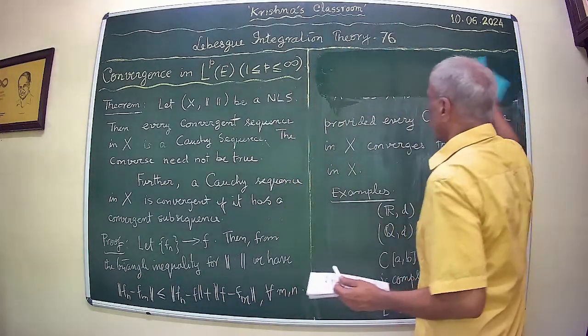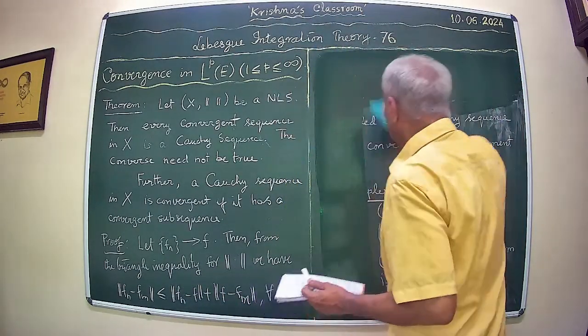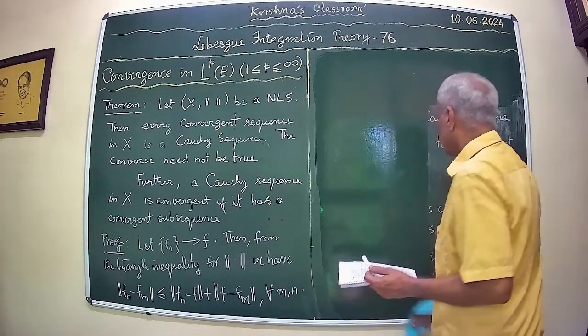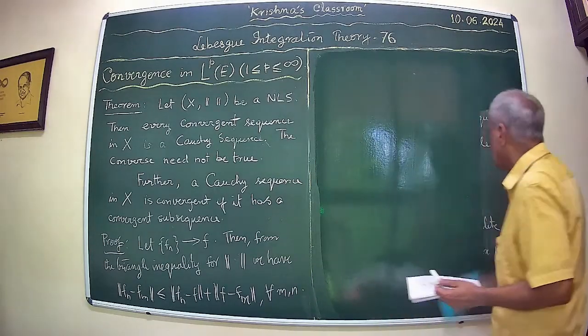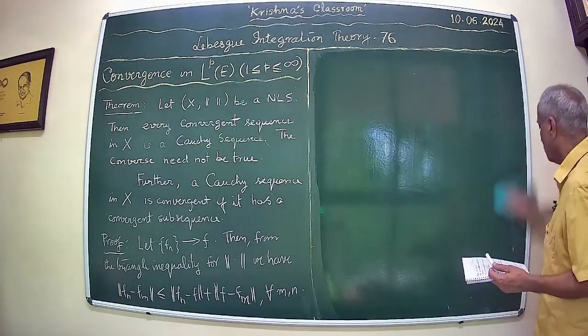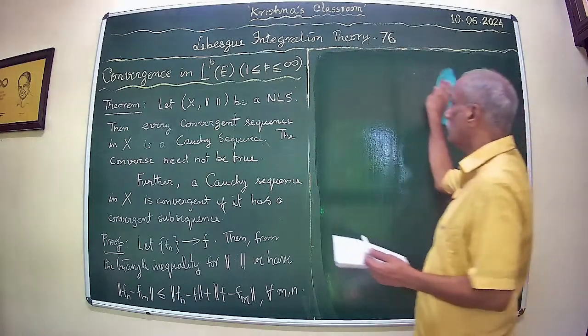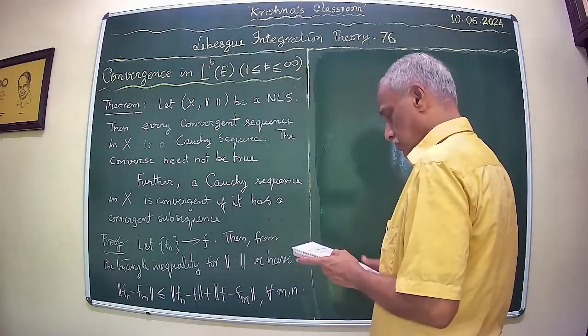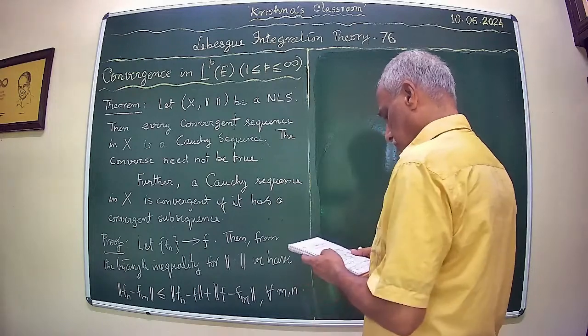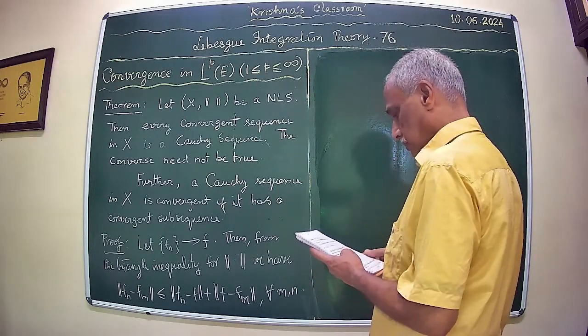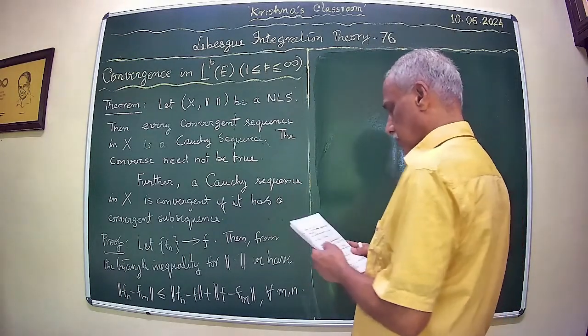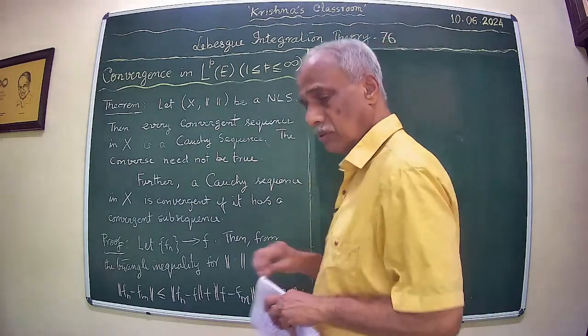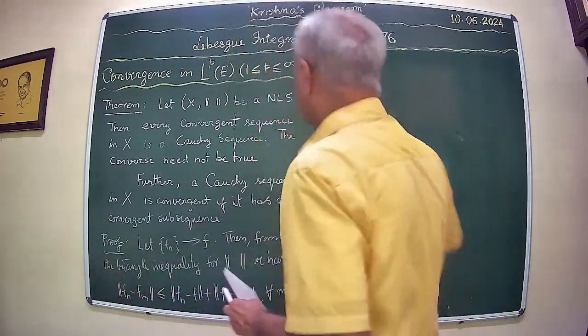It's very simple. Argue that it's a Cauchy sequence. So what do we do? So we'll write the argument.